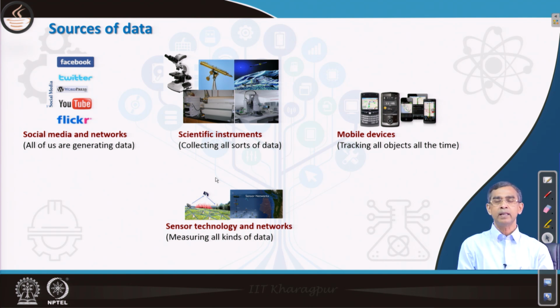Another huge source of data is the different scientific instruments installed here and there, like satellites, the Earth Observatory, and instruments installed in different research laboratories. They are constantly pumping data, which is stored in some machine connected to the network.